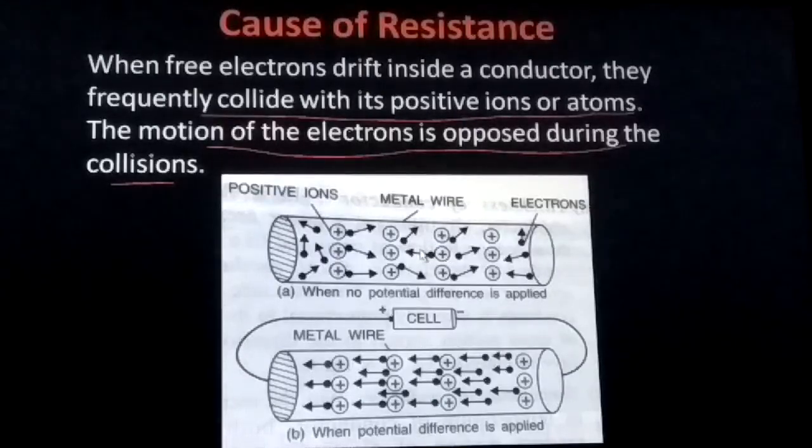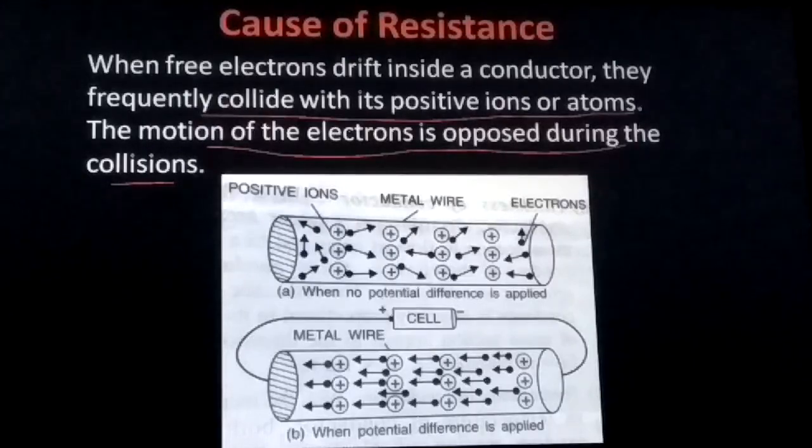These electrons collide with the ions in different directions with different speeds. So there is no net movement of the electrons in a particular direction.